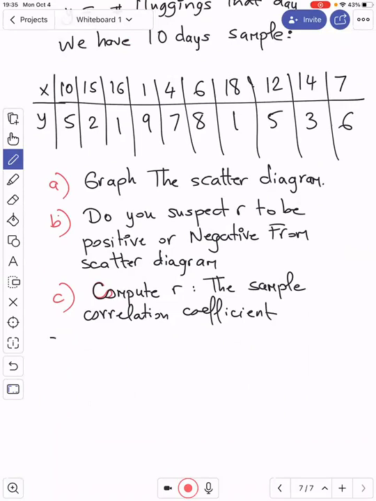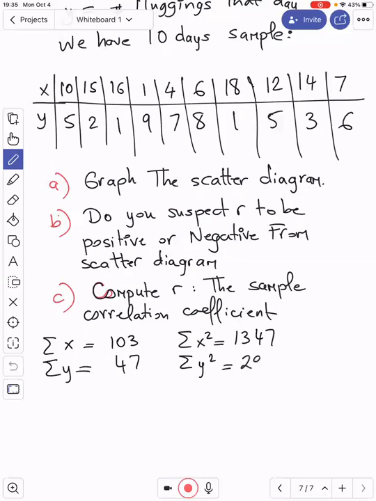So you can check, the sum of the X's is going to be 103. The sum of the Y's, you can check, is actually 47. The sum of the X squared is going to be, I think, 1347. The sum of the Y squared is going to be 295.